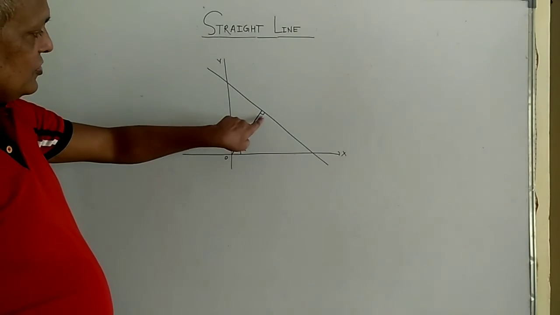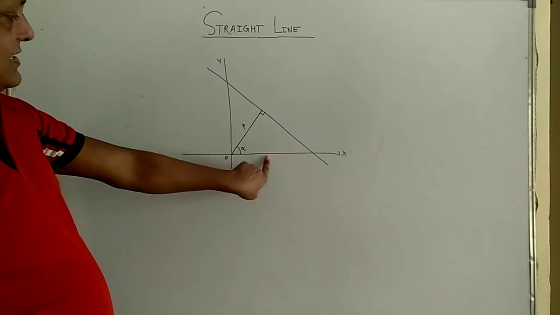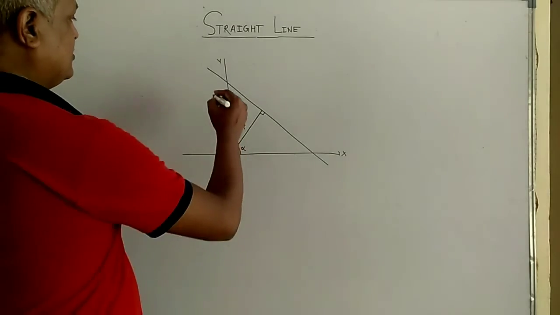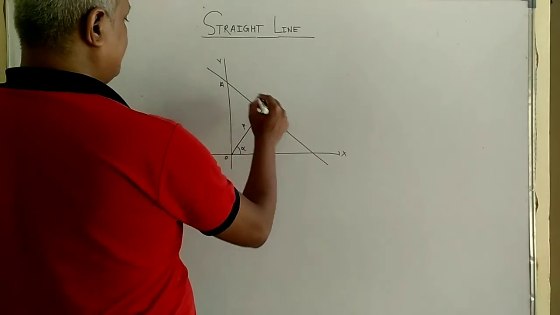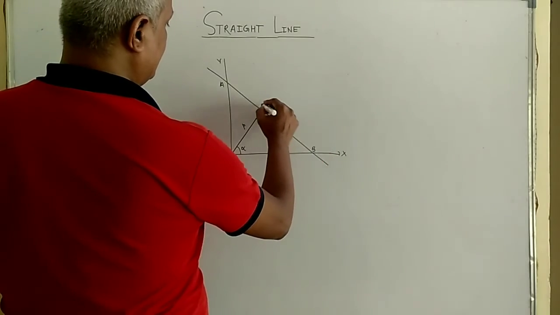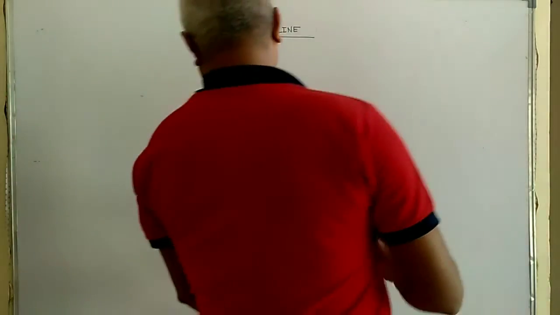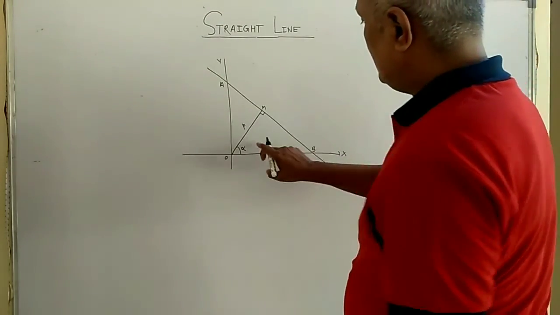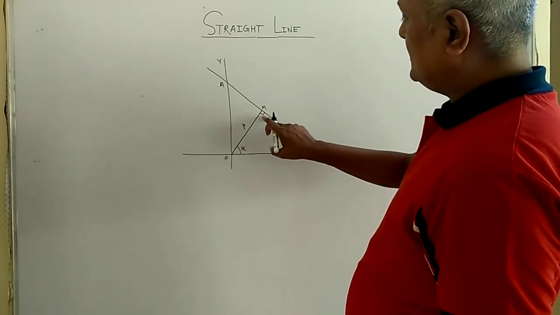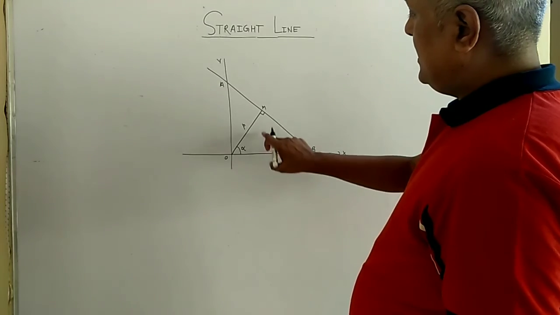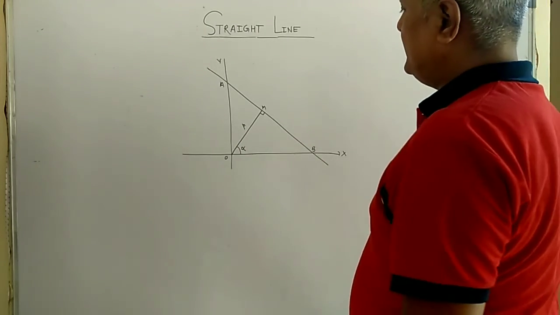I should find this line segment first. So I call it A, B, M. First I try to find this one. I'll use trigonometry. This is a right angle triangle, this is the hypotenuse and this is adjacent.